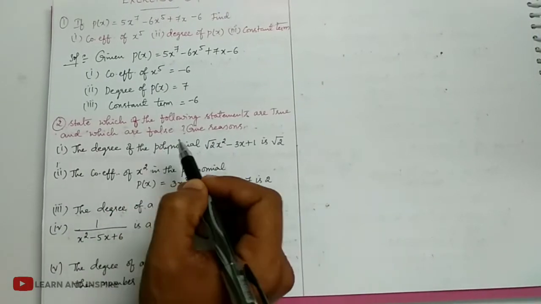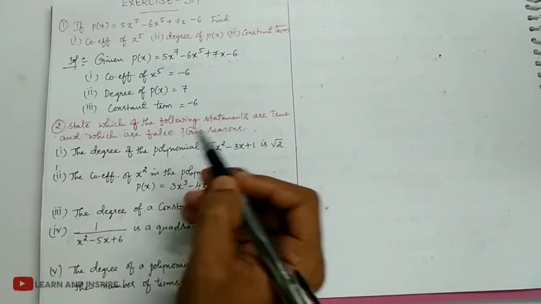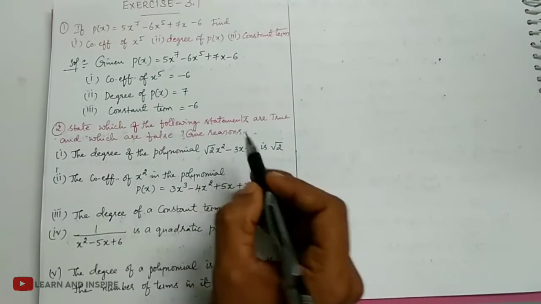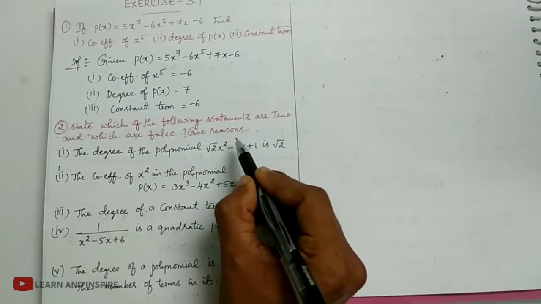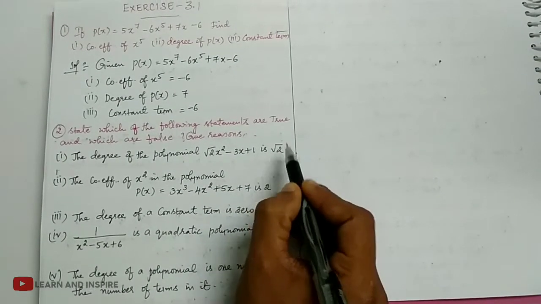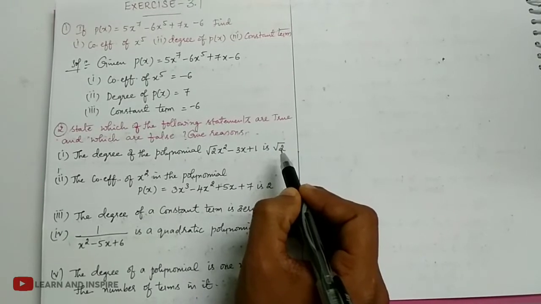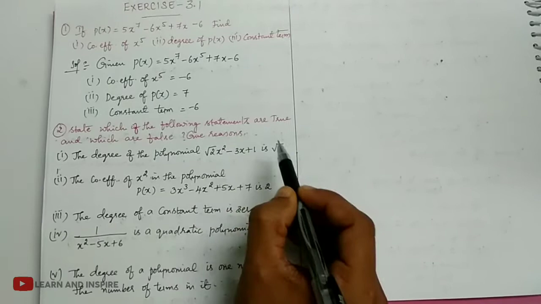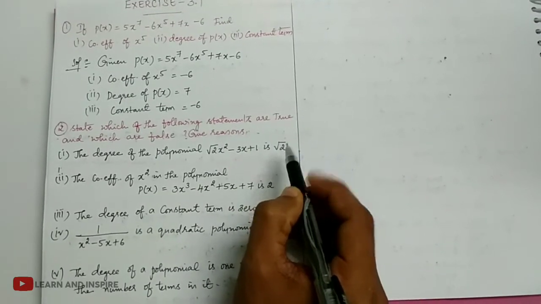The highest degree represents the degree of the polynomial. What is the highest degree in the given polynomial? The highest degree is 2. But in the given statement, the degree is given as root 2. Is it true or false? Yes, it is false because the highest degree is 2, but here it is given as root 2. So the statement is false.